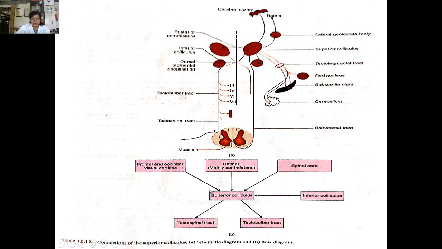This flow chart shows afferents and efferents of the superior colliculus. So it mainly receives afferents from the retina, then from the visual cortex, that is from the frontal and occipital visual cortex, and also it receives afferents from the spinal cord, that is the spinotectal tract.